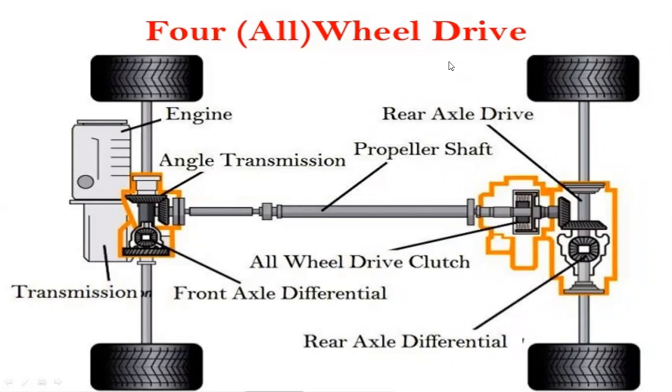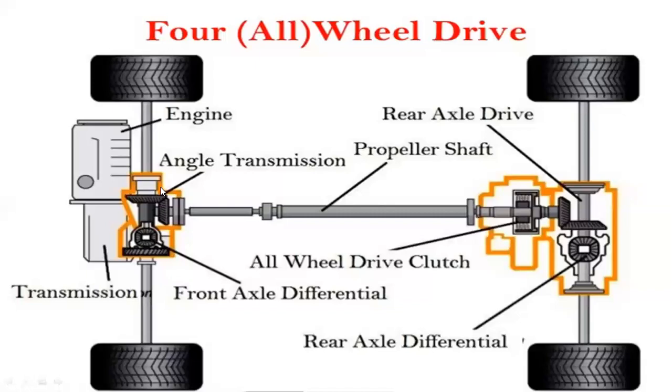And next one, four wheel drive operation of the automobile vehicle. So the four wheel drive. So in that four wheel drive, what is the transmission? You can see there is a transmission system.